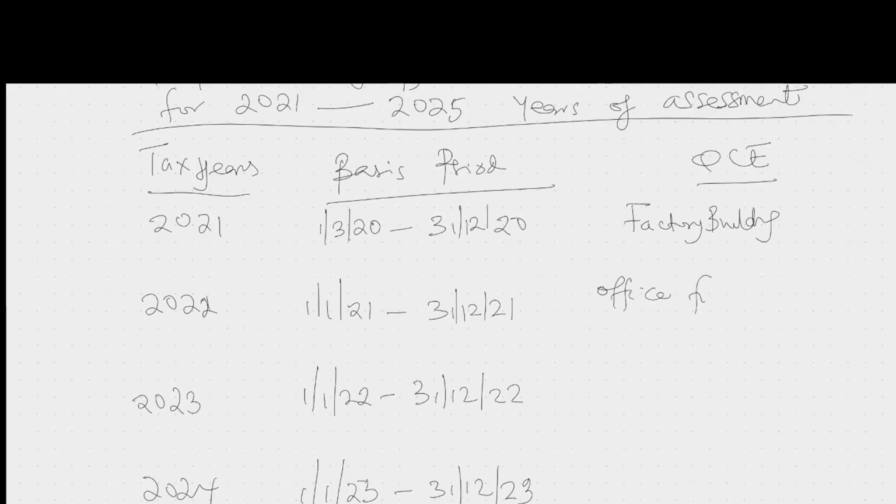The next asset will fall in the 2023 tax year. So, production plants.